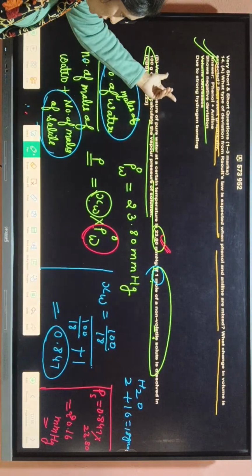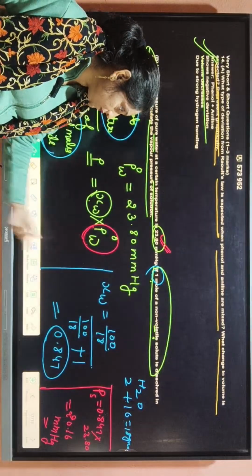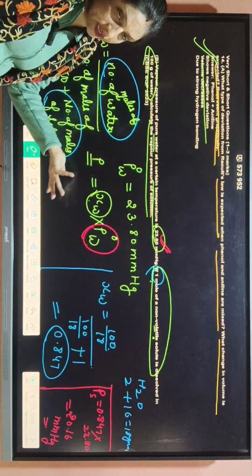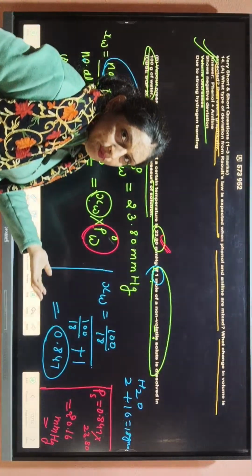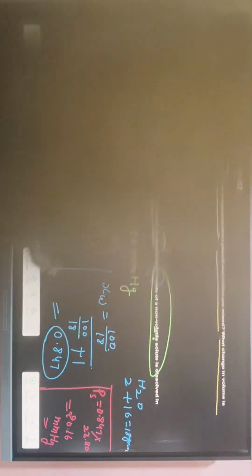So the vapor pressure of the solution will be the mole fraction of water into its vapor pressure, because the solute is non-volatile. It does not convert into vapors, so it does not create vapor pressure. The vapor pressure will be due to the solvent only.